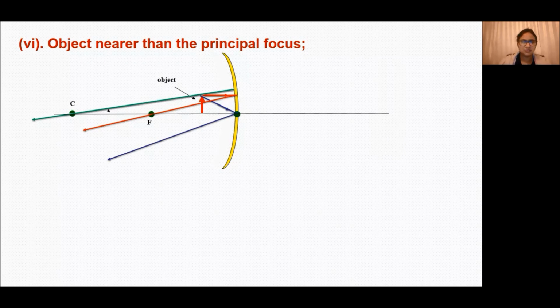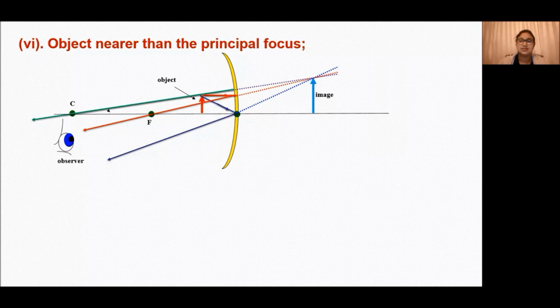But where do we get the image? What we do here is extend these reflected light rays, and somewhere behind the mirror, all three light rays will meet at a point, and there we get the image. So look at the size of the image.